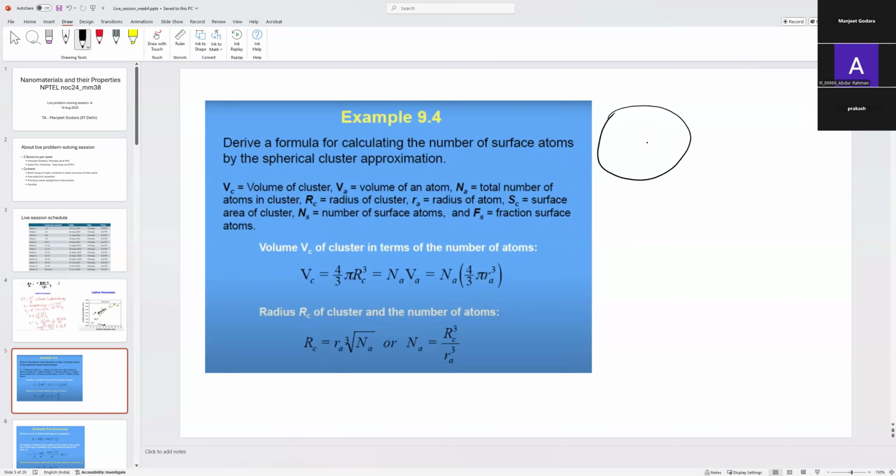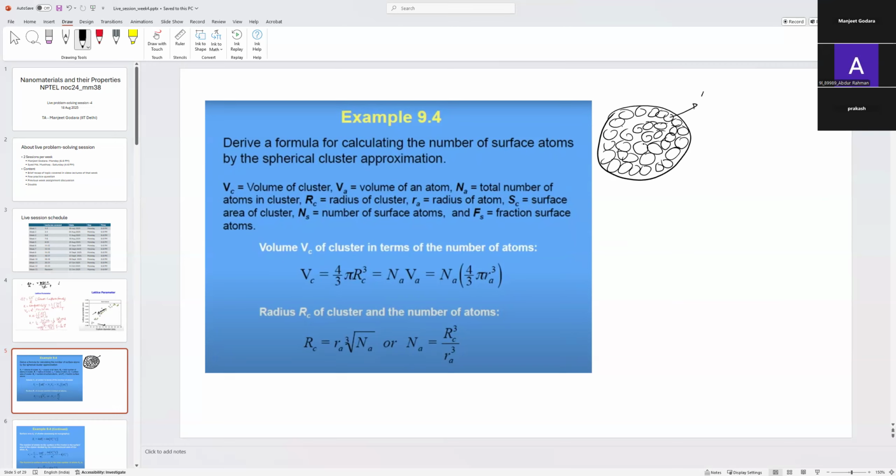If you assume a spherical cluster made up of lots of atoms, and spherical atoms, you assume all these are the same size atoms.